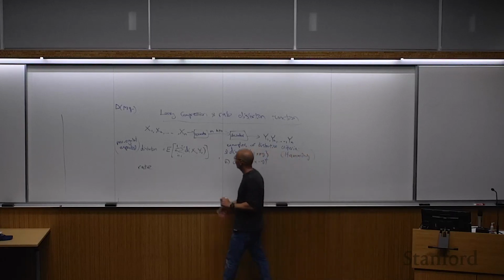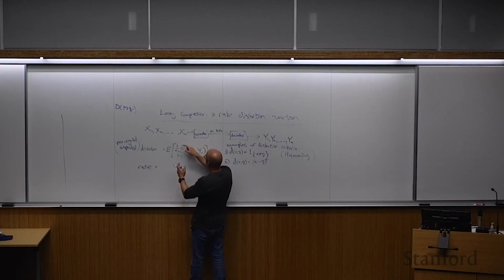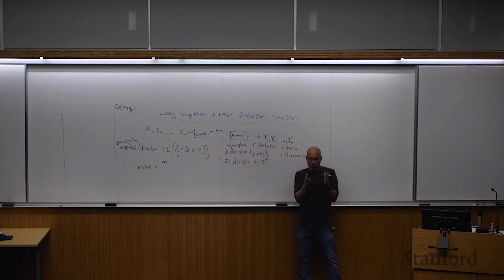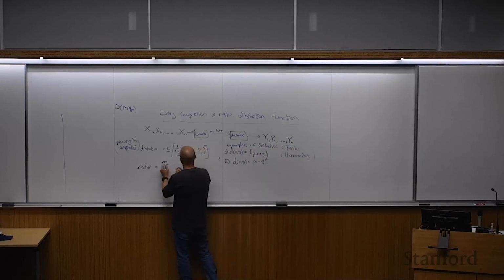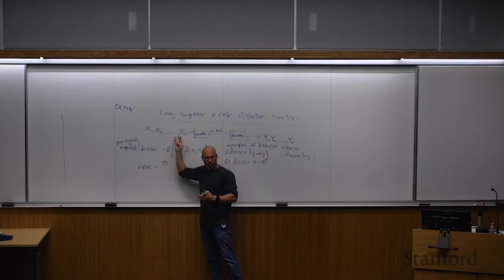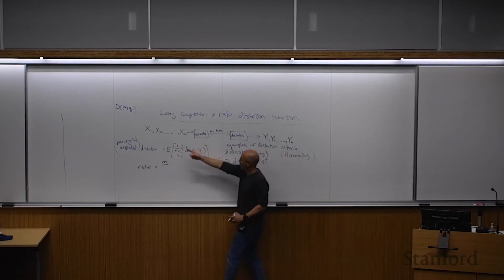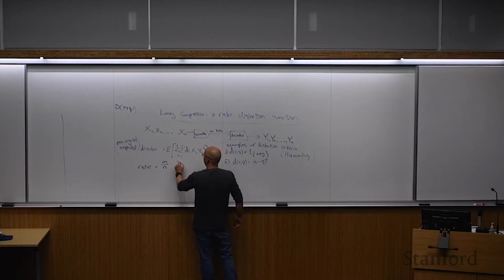Here too, that's the rate: the ratio between the number of bits, m, that my compressed representation requires, and how many source components, n, I managed to represent with these m bits. So that's the rate in bits per source symbol.